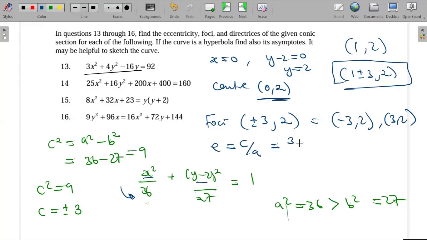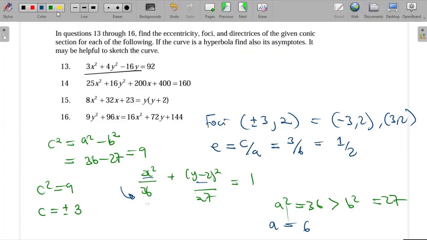And what is your a? If a squared is 36, then a is equal to 6, getting the square root. So this gives us a half. Our eccentricity is a half.